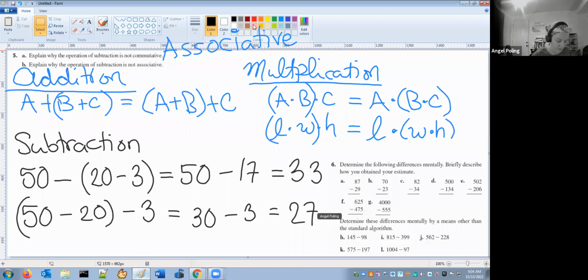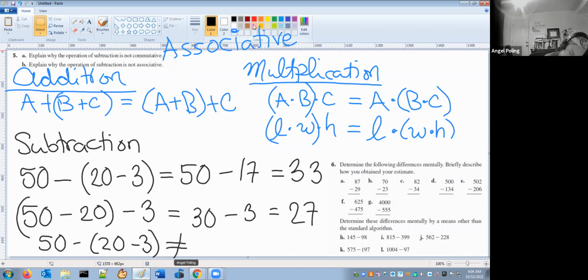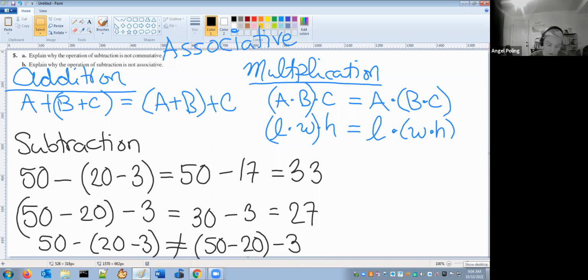Right, so let me just double check. So we've shown that 50 minus 20 minus 3 does not have the same value as 50 minus 20 minus 3 when the grouping changes. Therefore, right, let me get this out of our way real quick.